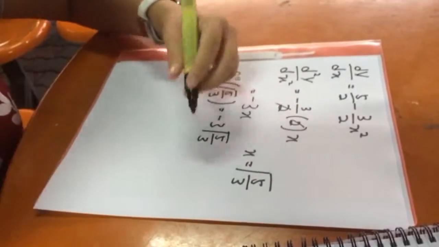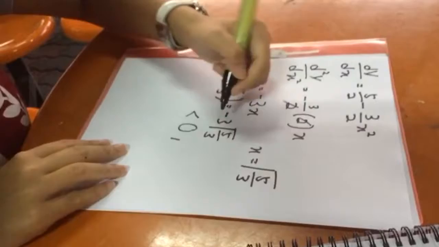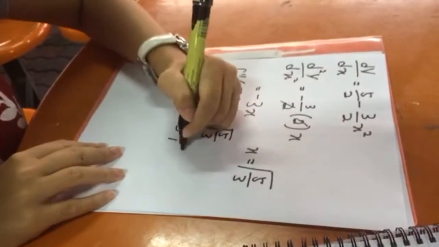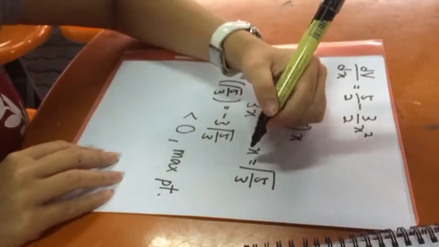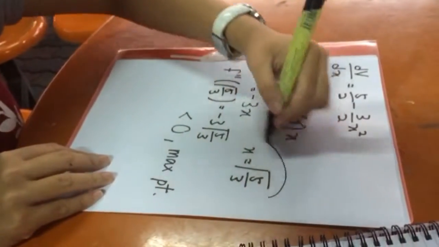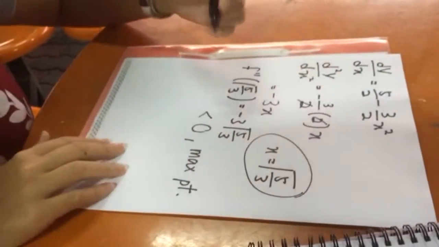From this you know that the answer is negative, which shows that the critical point is a maximum point. So we know that the volume at this x value is the maximum volume.